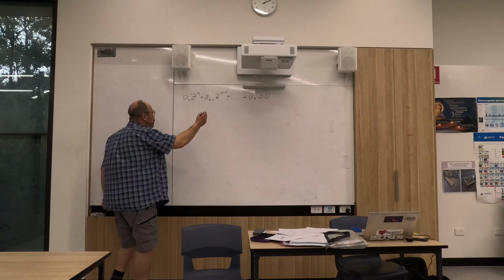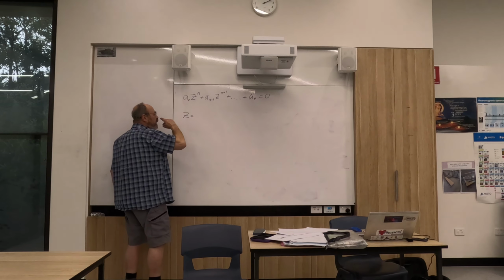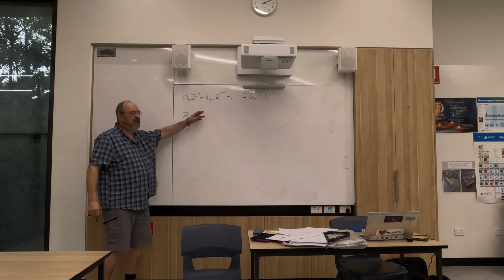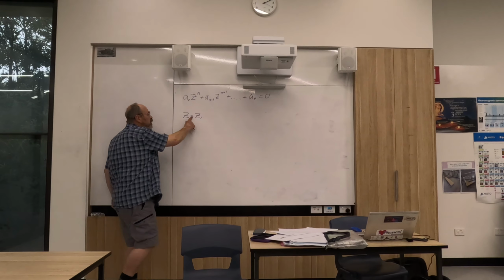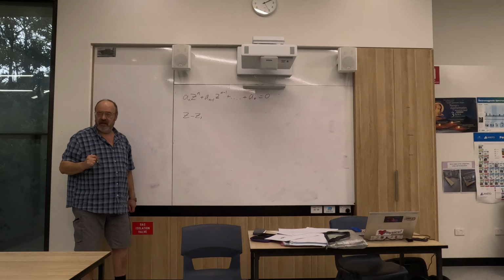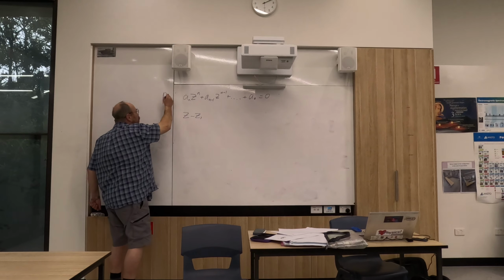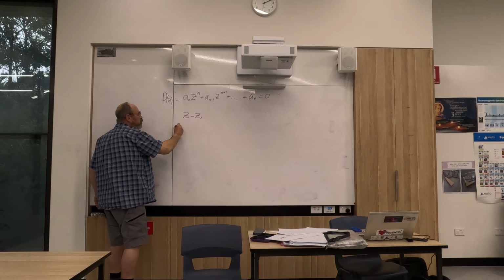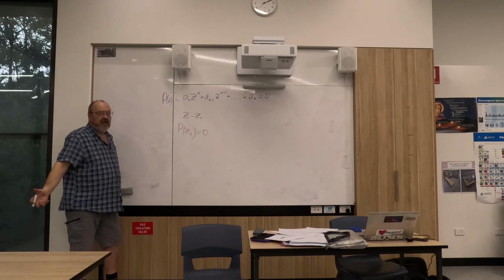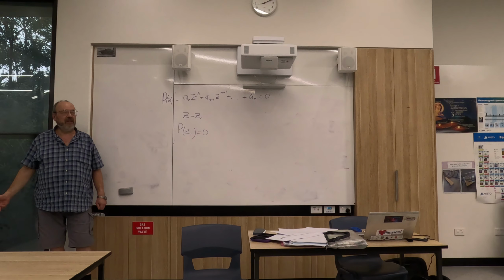If z1 is a solution, if z minus z1 is a factor, that means when you substitute z1 into p of z, then p of z1 will be equal to 0. It's the same factor theorem as we were doing in methods for real numbers.